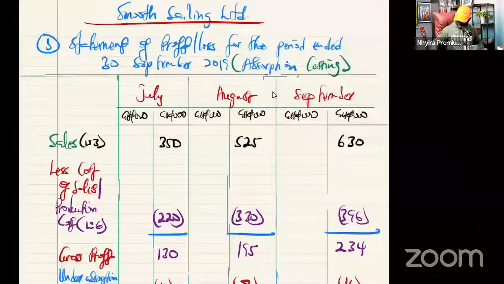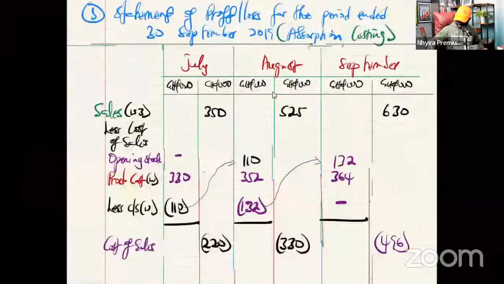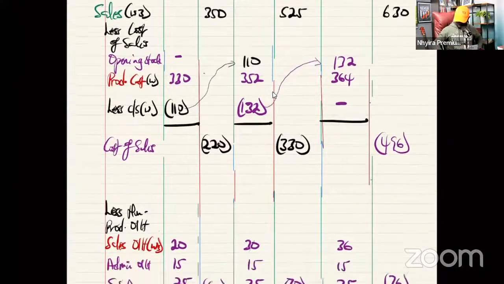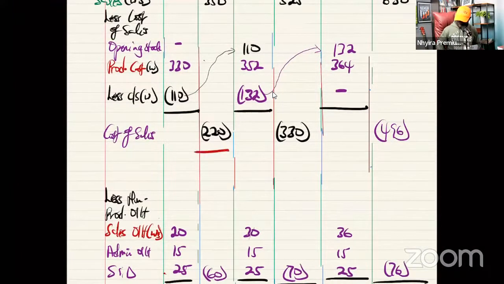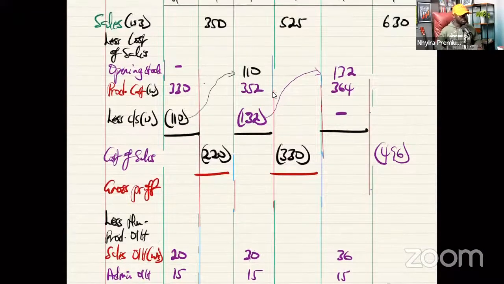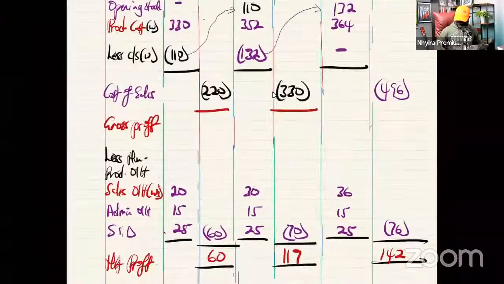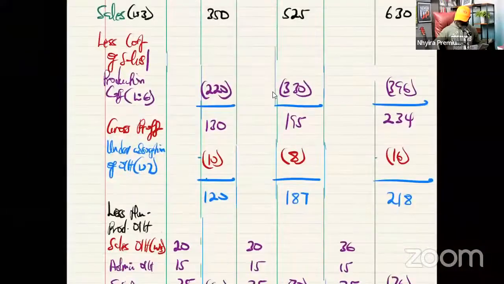So you can now less the figure from it respectively to give you gross profit. So 350 minus 220, and that will be the same thing you got here, 130. The second one was 195.